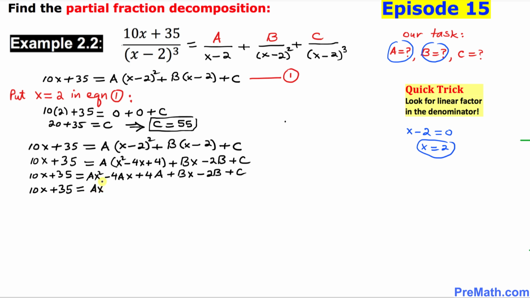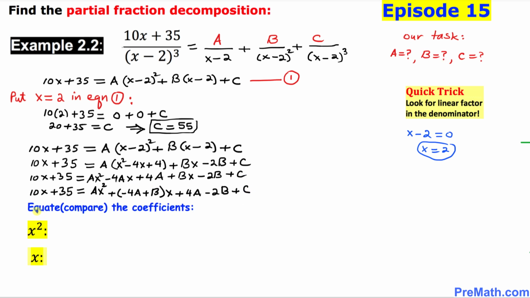I'm going to just put the coefficient of x squared is a, and here I can tell you over here we got x over here and x over here, so I can write as plus negative 4a plus b times x, and finally these constants I am going to write down plus 4a minus 2b plus c. And here is very crucial step.